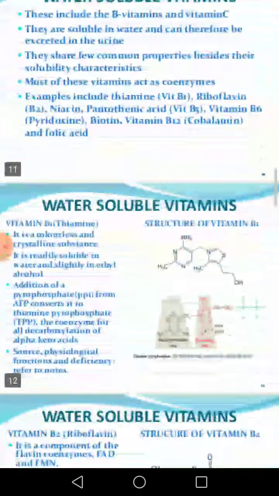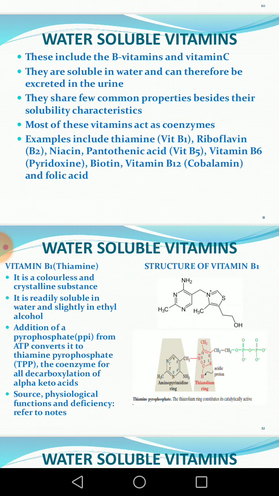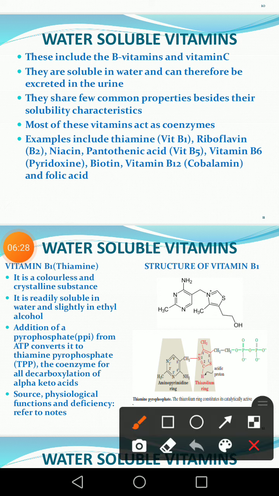Okay. Now move towards the water soluble vitamins. These include the B vitamins and vitamin C. They are soluble in water and can therefore be excreted in the urine. They share few common properties besides their solubility characteristics.